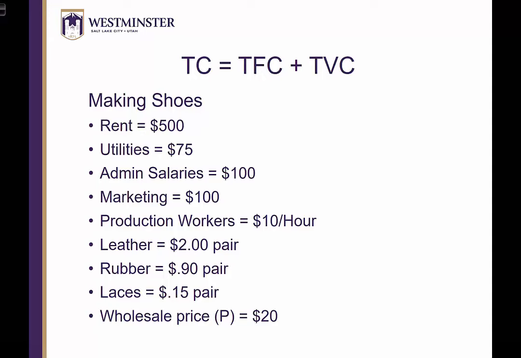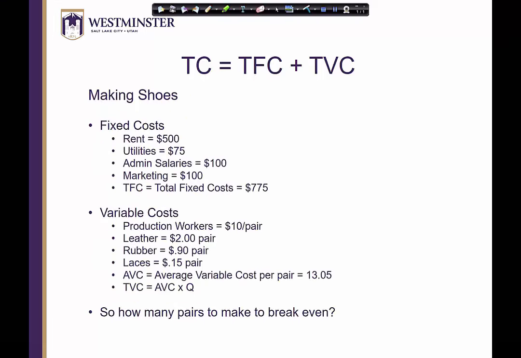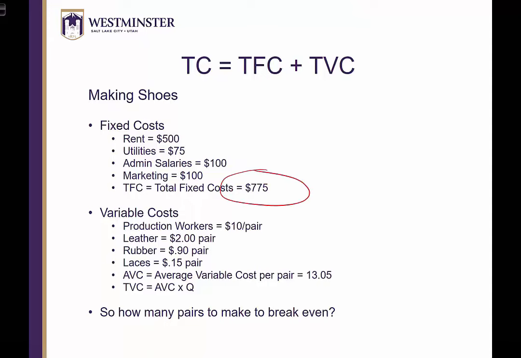And then we have some of our variable costs, where we have production workers at $10 an hour. We have maybe leather, $2 a pair. Rubber for the soles of the shoes at 90 cents a pair, laces at 15 cents a pair, and then we're selling the shoes at a wholesale price of $20. So we're looking at the fixed cost now and the variable cost based upon our example, and you'll see that in this construction of total cost being equal to total fixed cost plus total variable costs, our fixed costs added up to $775.